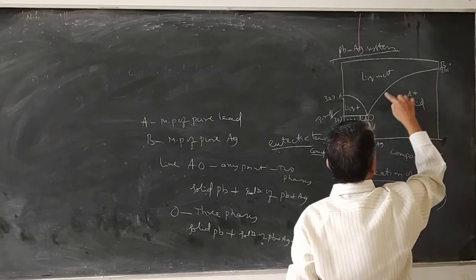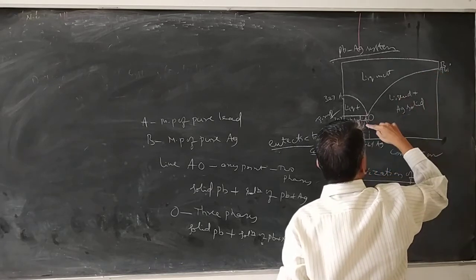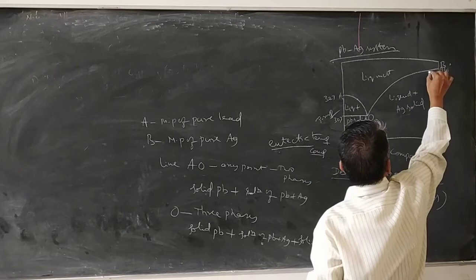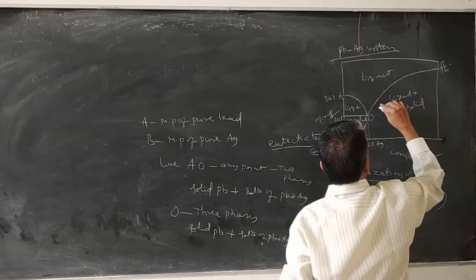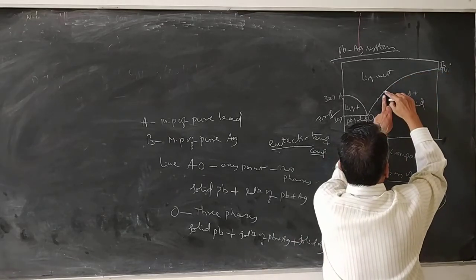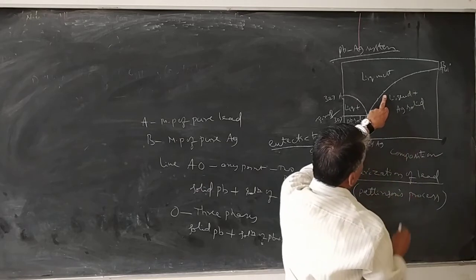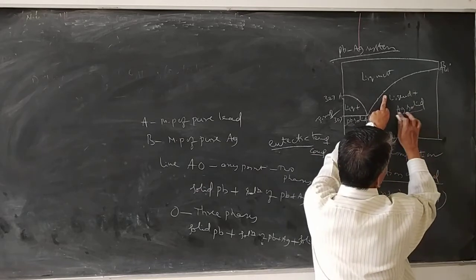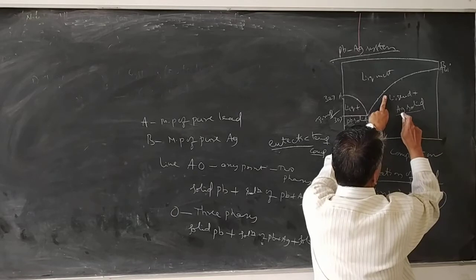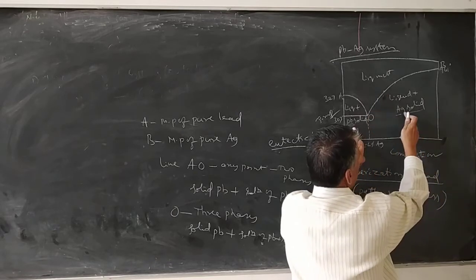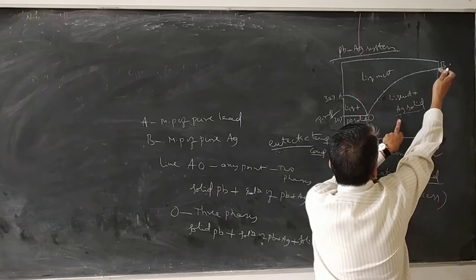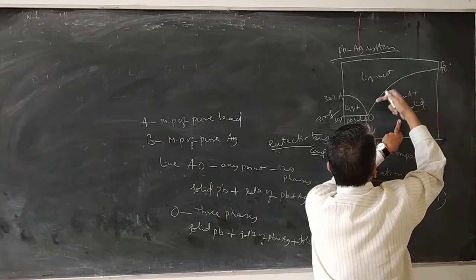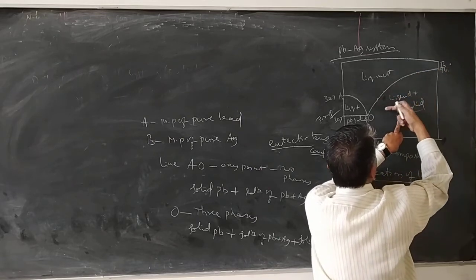Now the temperature decreases along BO, and you take any point on this curve. At that point, we have two phases: solid silver plus the solution of silver and lead. Here it is again decreasing. Why does it decrease?